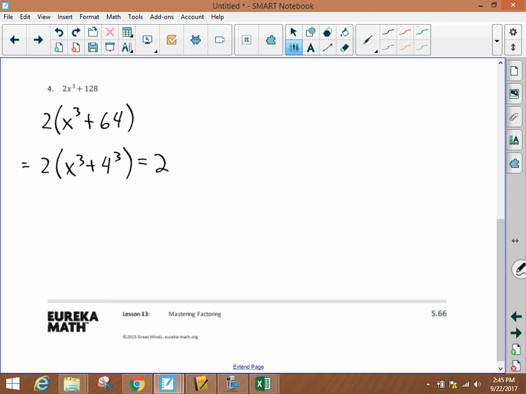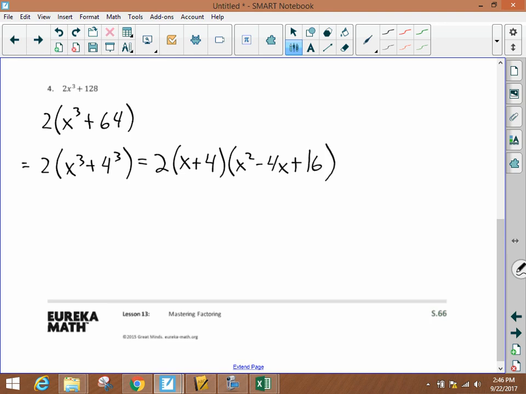I'm not going to forget to leave my 2 out there. So that's going to be x plus 4 times x squared minus 4x plus 16, and there it is.